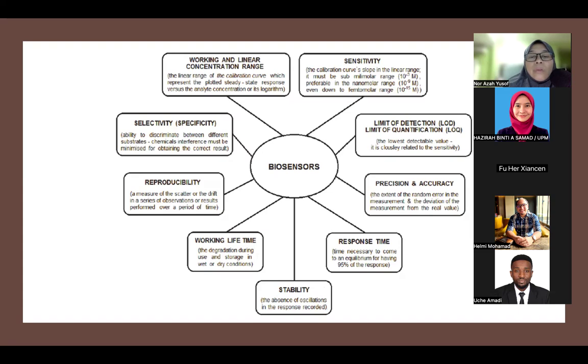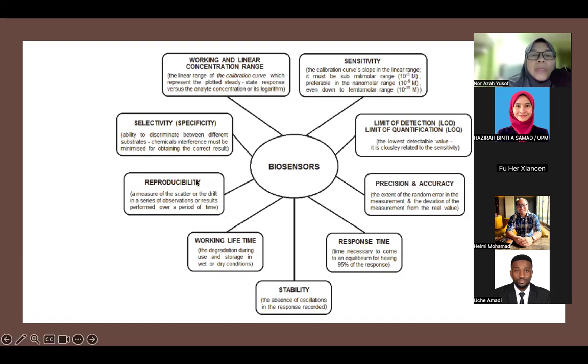Okay, so why do we do this? Because if we are to commercialize, then we have to tell the lifetime of the sensors, the expiry date. So stability and working lifetime are connected, so you can do them together.